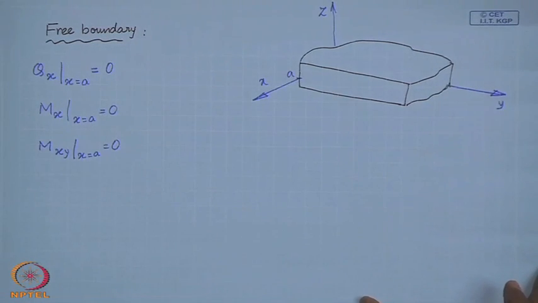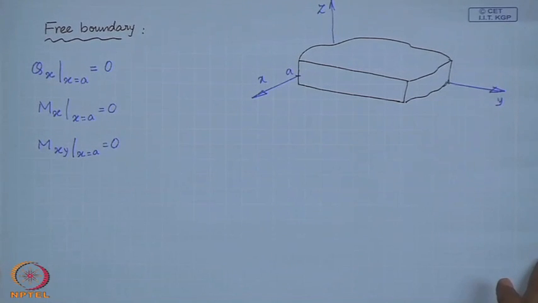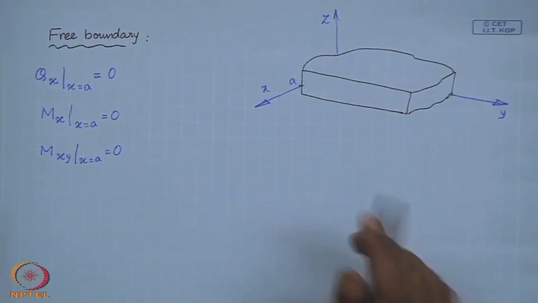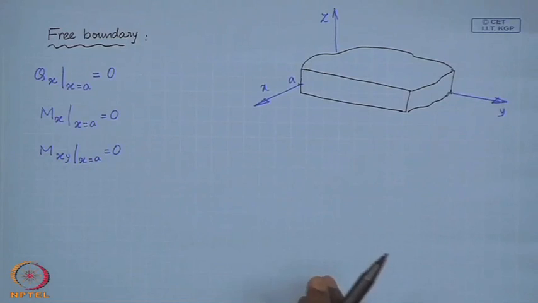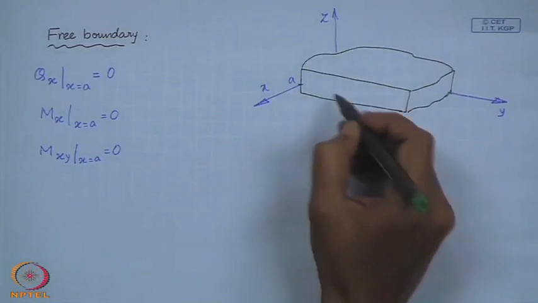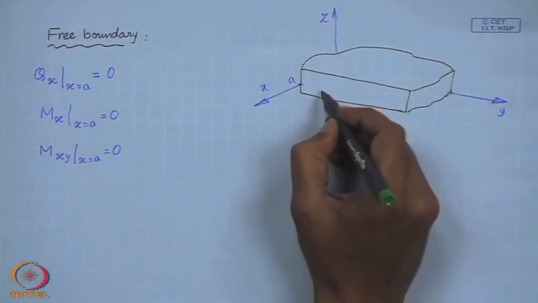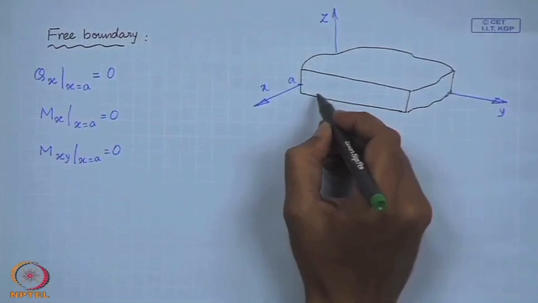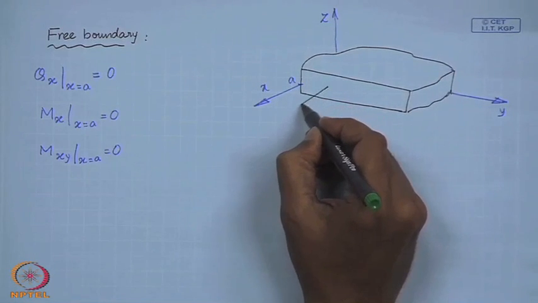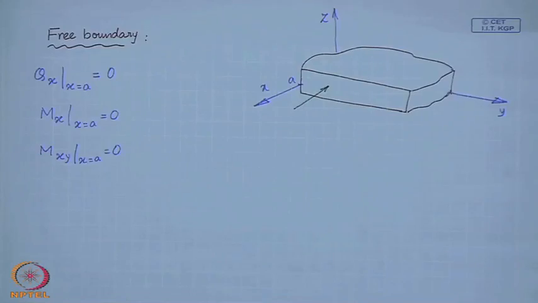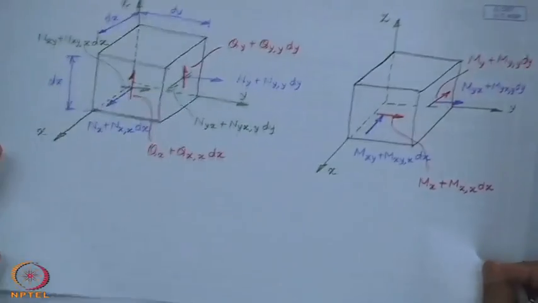So, there must be something wrong about these boundary conditions, at least some of them. There must be some combination. Now we are going to discuss how they are actually combined. Let us see this m x y. Let me refer to this figure once again.